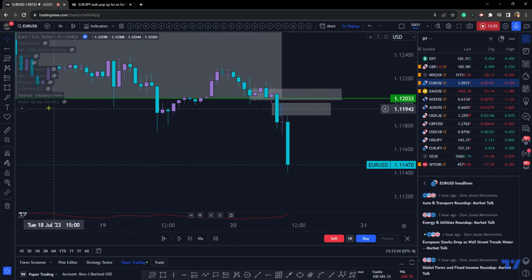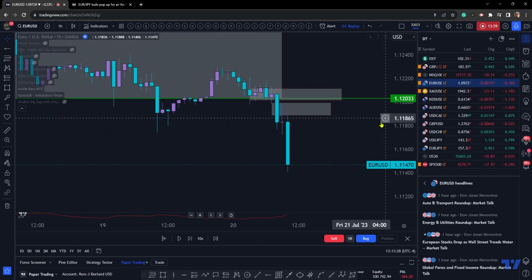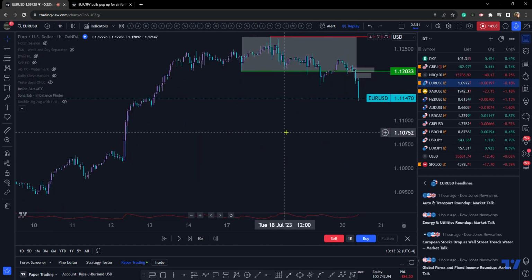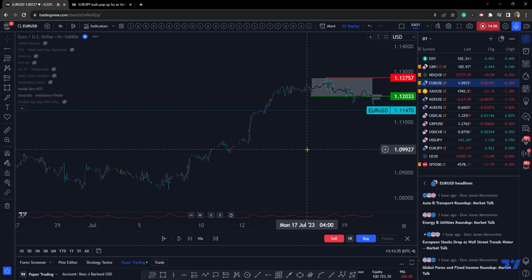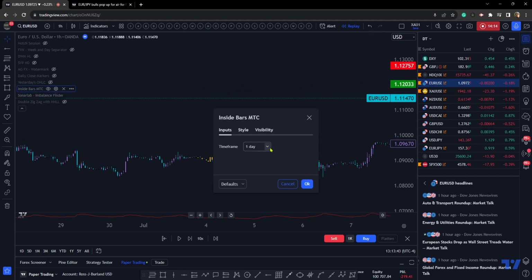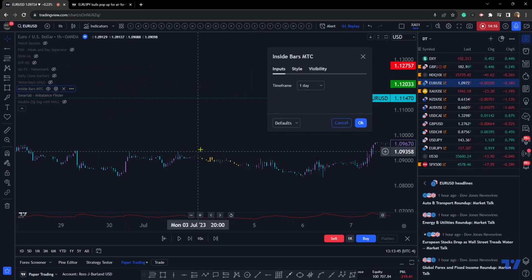Then on inside bars, I use the inside bar indicator. So over here you've got inside bars. You can toggle this to show an inside day.